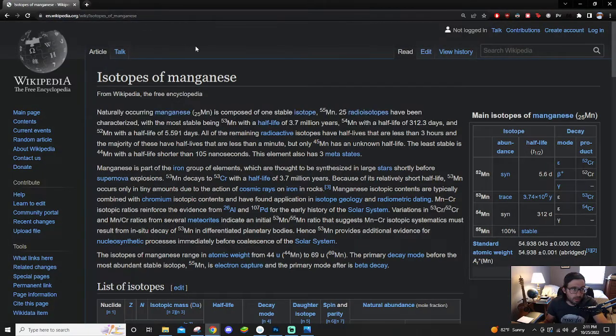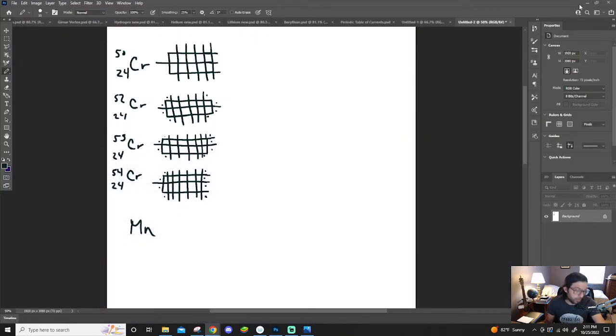Okay, so one stable isotope, 55. Only stable isotopes add a proton. Maintain this structure. It's kind of odd, honestly. Again, this is anomalous that this structure here is not stable for manganese.